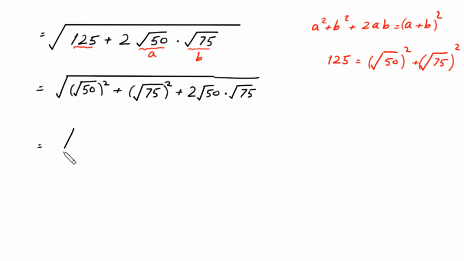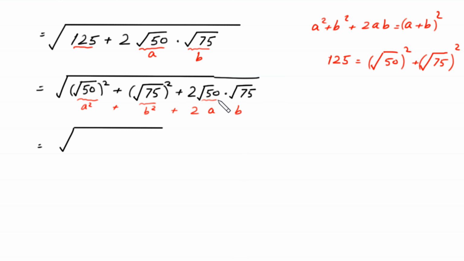Next, square root of. Now in this expression we have square root of 50 squared as a squared, square root of 75 squared as b squared, plus here 2 times a times b.